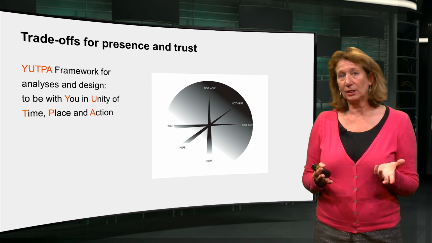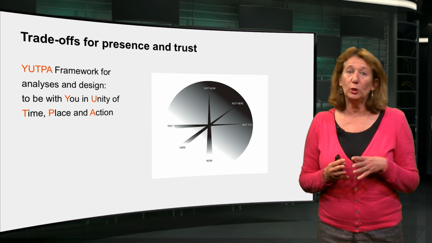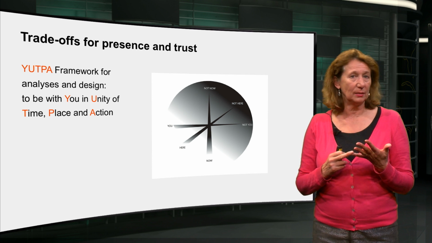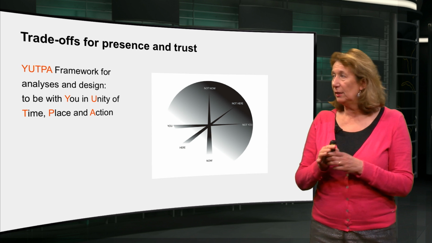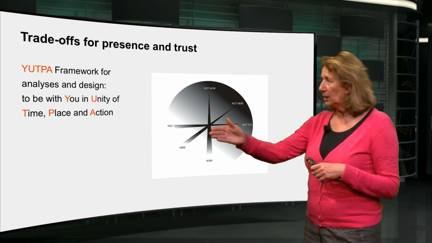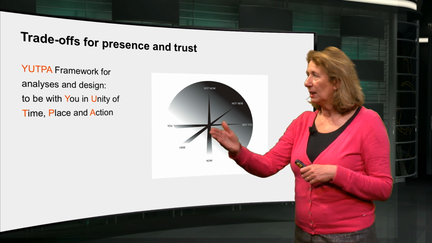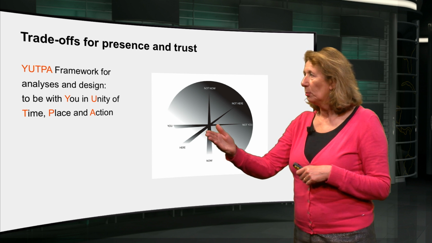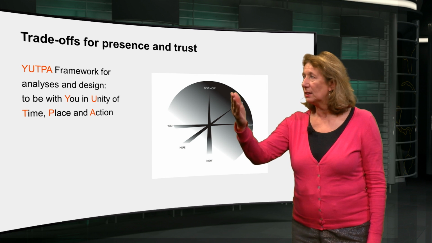In my dissertation, which this work is about, I introduced a UTAUT framework, to be with you in unity of time, place and action. And U stands for relation, so it's 4 relations. If you look at this graph, you see that we live here. We live in this white space where we can act, where we laugh, where we love, where we have children. But we design our systems in this black space here.